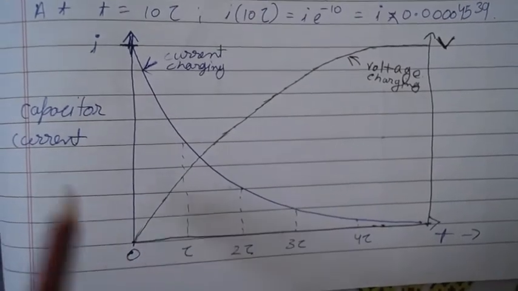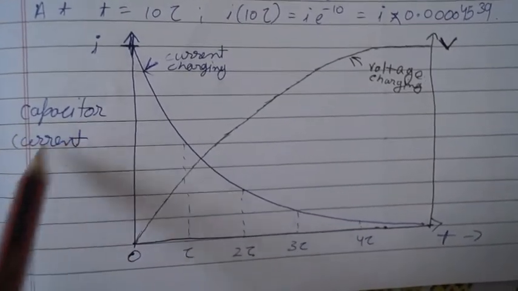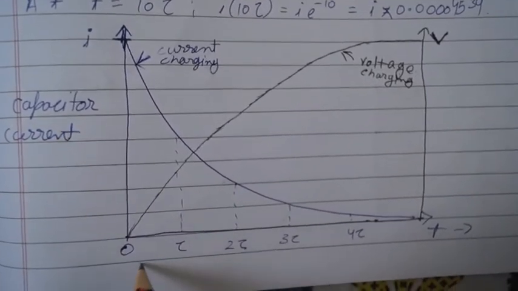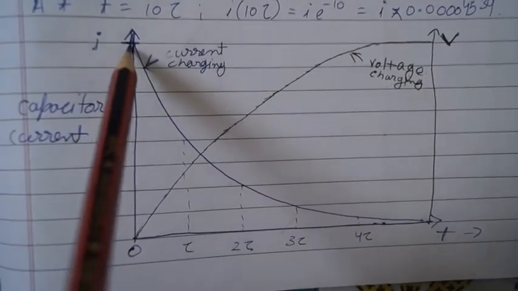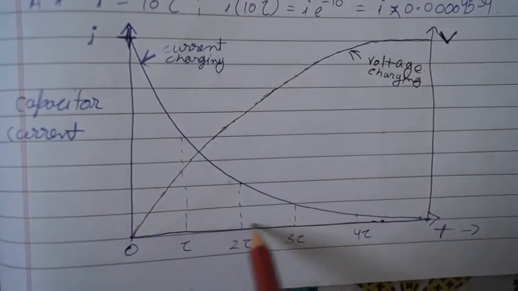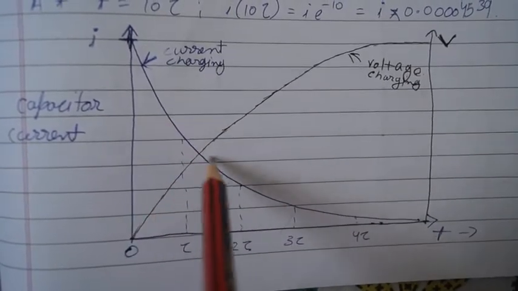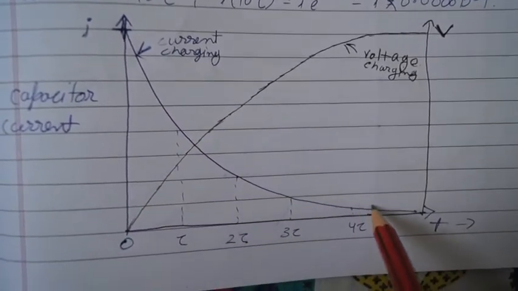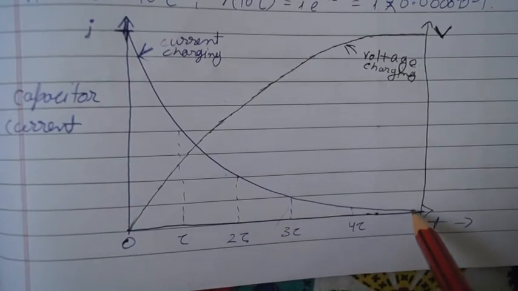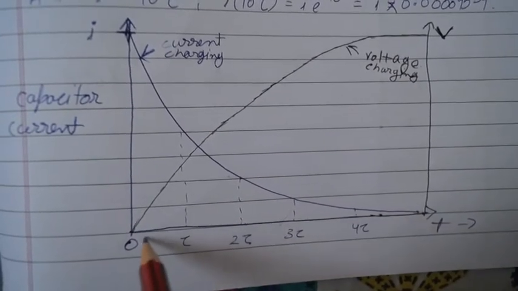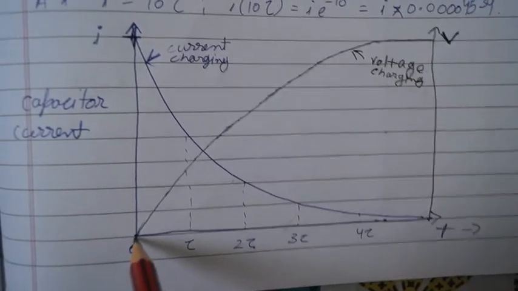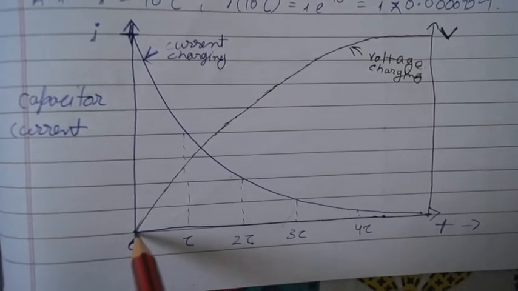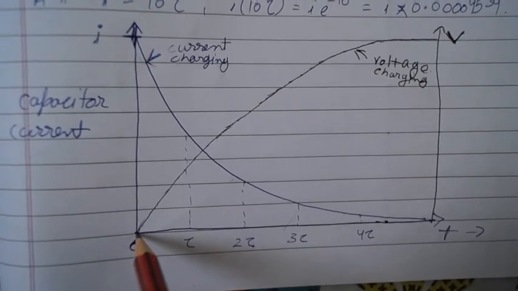this left axis denotes our capacitor current, and when the switch is closed it is at maximum value, and as time passes, the charging current is decreasing exponentially, and simultaneously the potential across the capacitor plates is increasing.